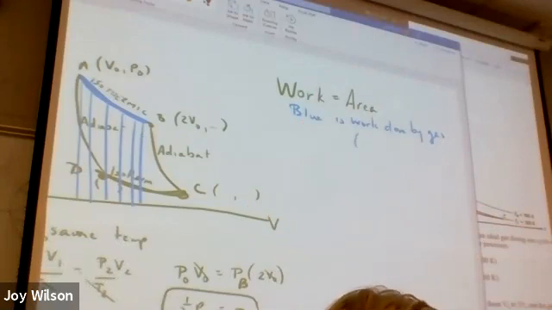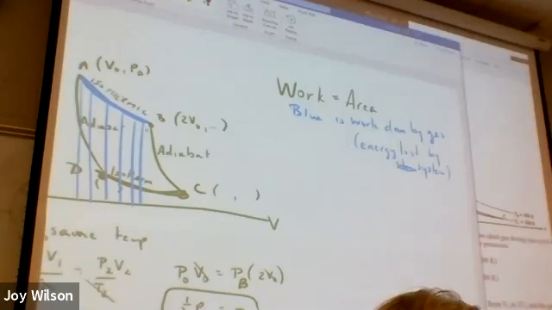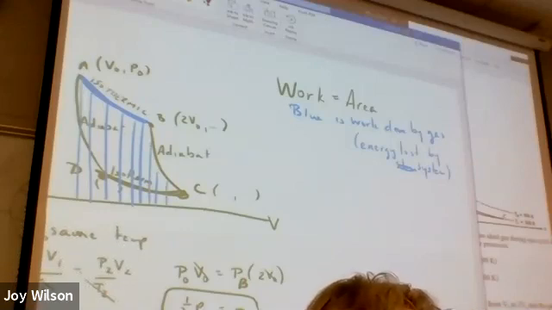This is energy lost by the system. What about B to C? Well, B to C is also gas expanding. So we're doing work out on the environment, right?